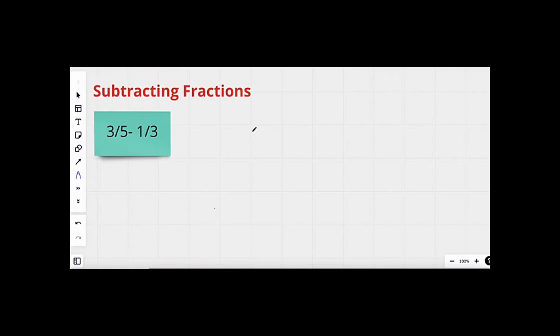Okay, so we've got 3/5 minus 1/3. So we look at the denominators and we ask ourselves, what number in the 5 times table and in the 3 times table is the same?